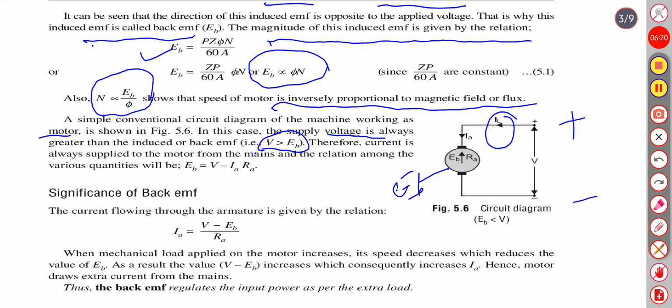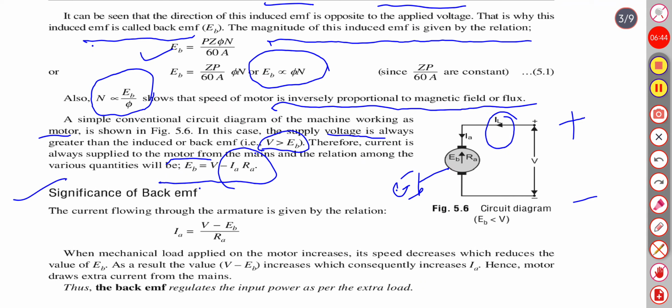Therefore, the current is always supplied to the motor from the mains, and the relation among the various quantities will be Eb equals V minus IaRa. IaRa is the voltage drop in the armature and V is the supplied voltage.